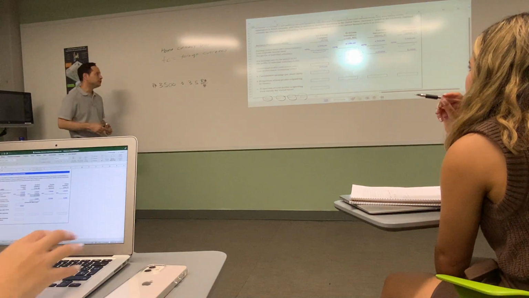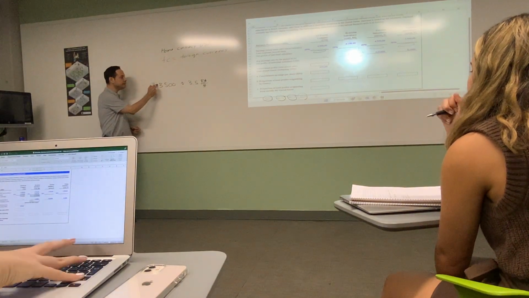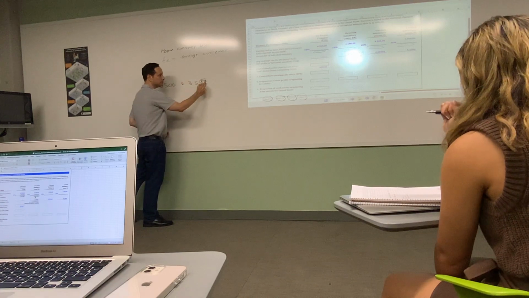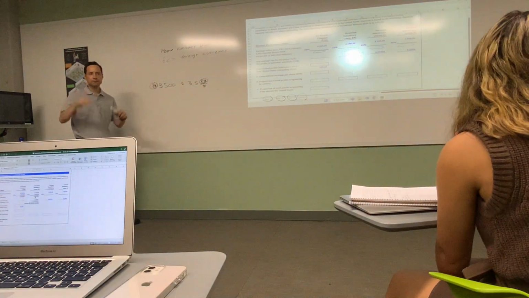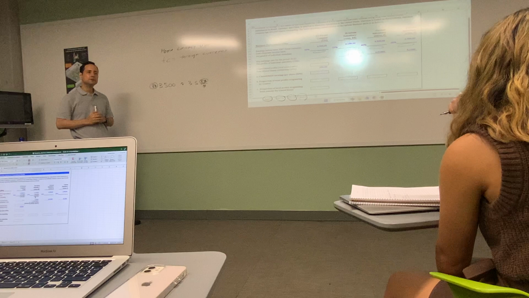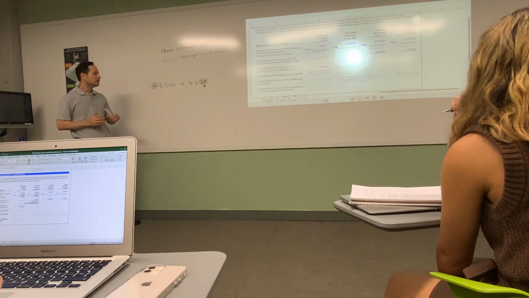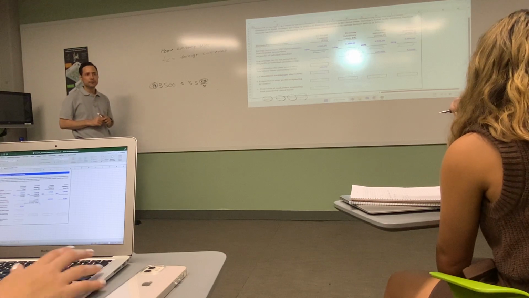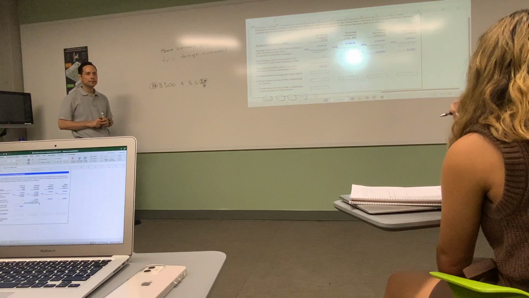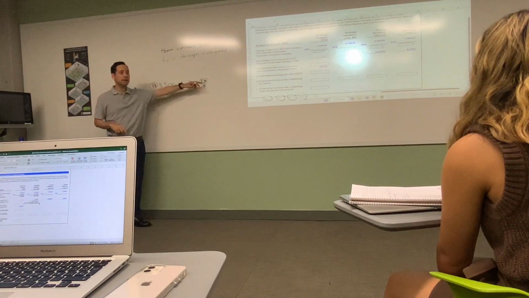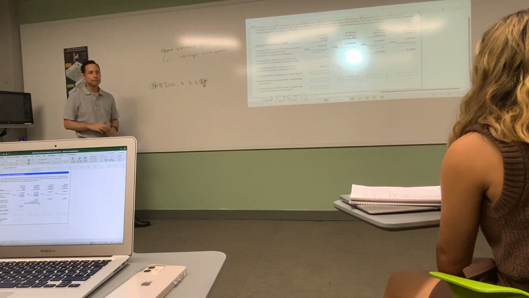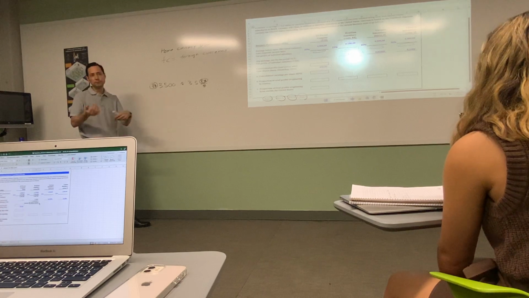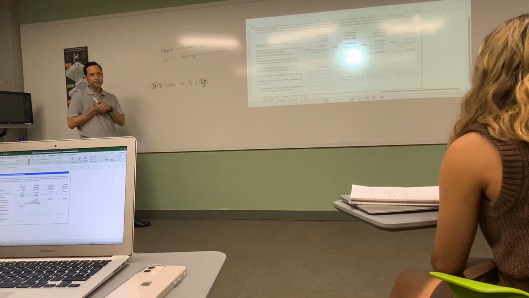If you have the same currency symbol in the numerator and denominator, you divide. If you have different, you multiply. Okay? If it's the same symbol, you cannot multiply. If it's a different symbol, you can multiply.